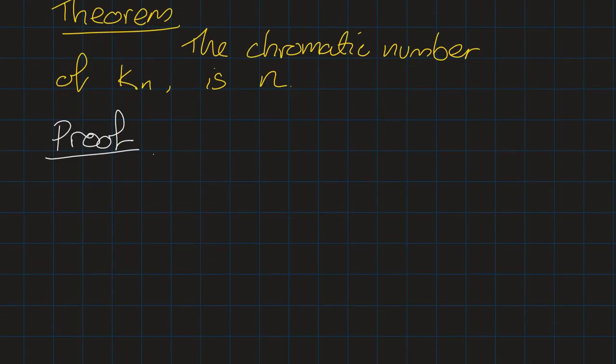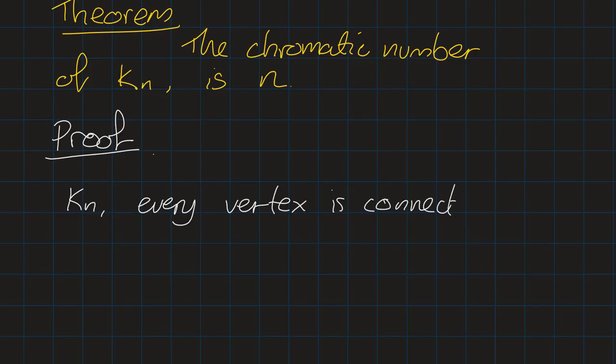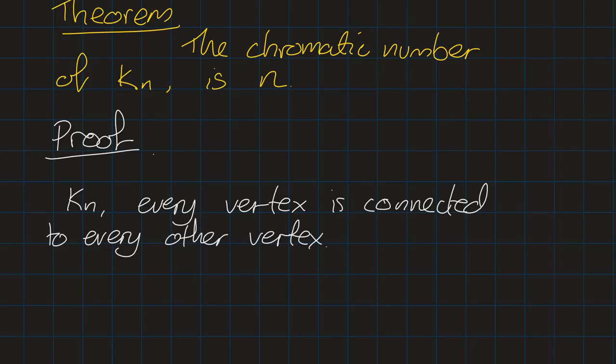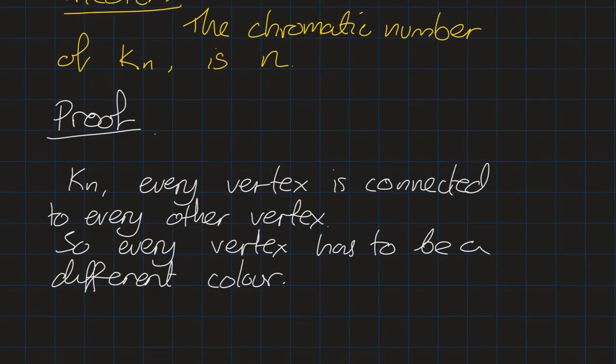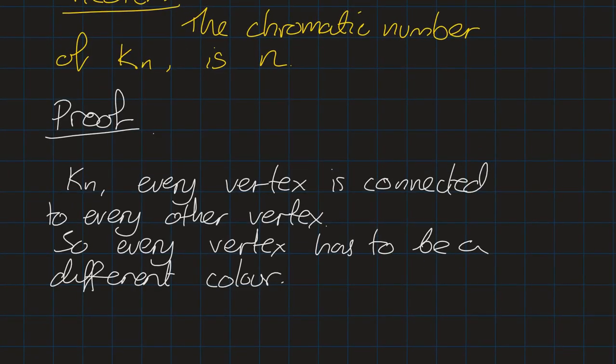Okay, if you think about it, in Kn, every vertex is connected to every other vertex. Okay, so every vertex has to be a different color. Okay, and there are n vertices, so that means you need n different colors.